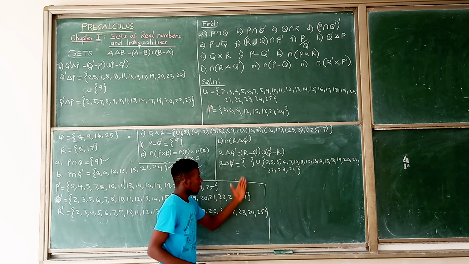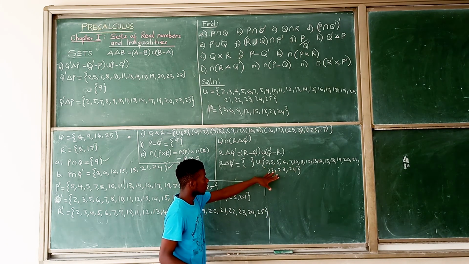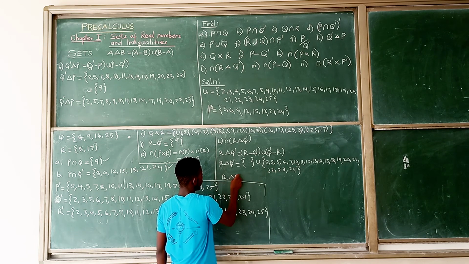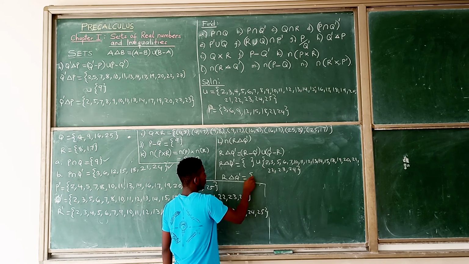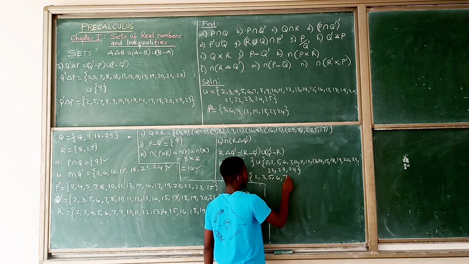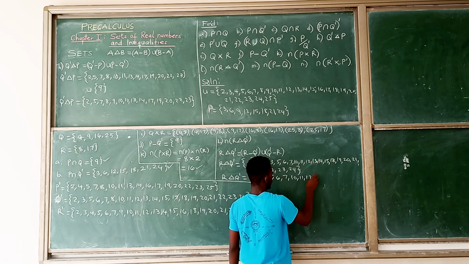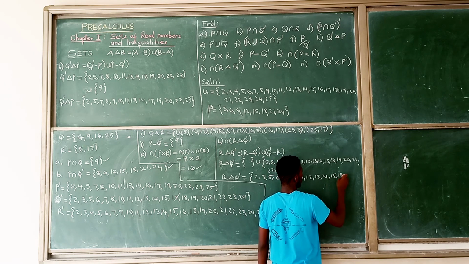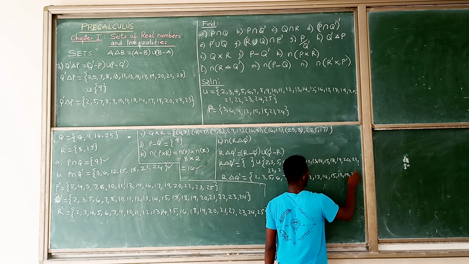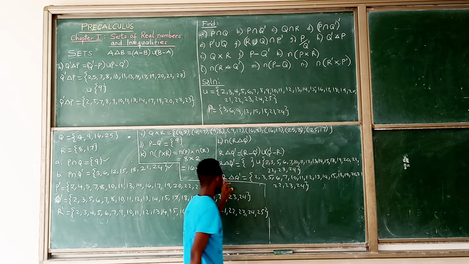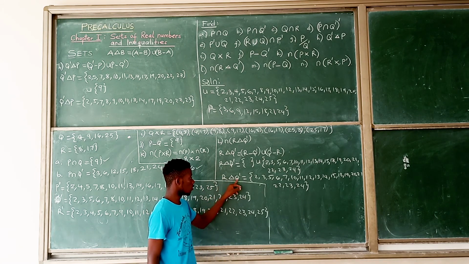So if we take the union of the empty set with any set, it's just that particular set. So R symmetric difference of Q complement is just equal to this set: 2, 3, 5, 6, 7, 10, 11, 12, 13, 14, 15, 18, 19, 20, 21, 22, 23, and 24.